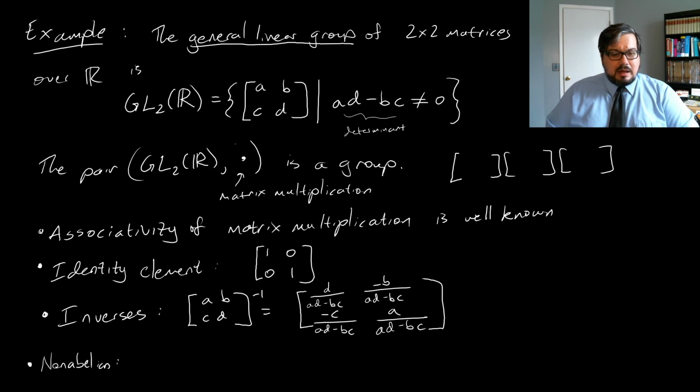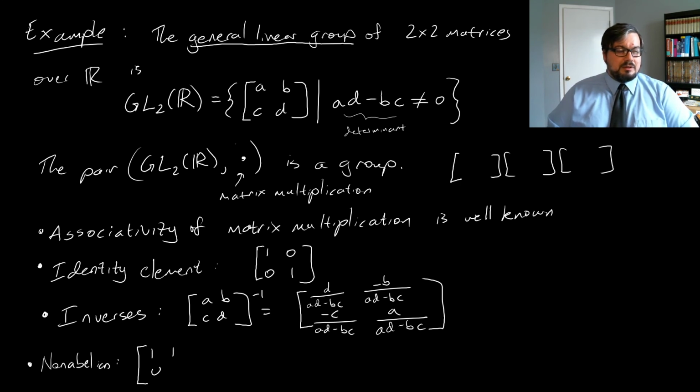A lot of times you can get by with fairly simple elements. Although if you go too simple, you might run into a couple of elements that happen to commute with each other, which is not enough to show that the group is abelian.